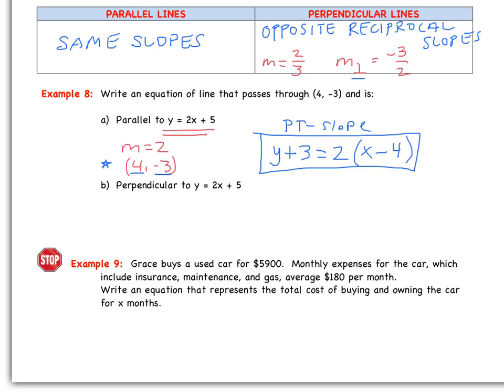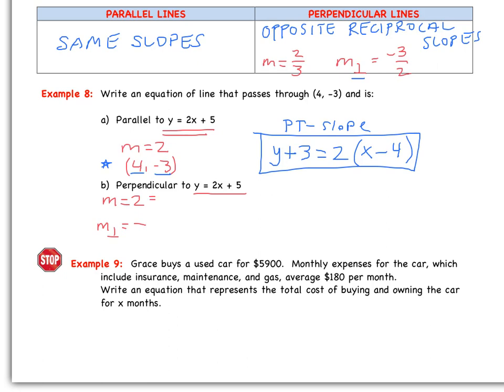Now write the equation passing through the point (4, -3) that is perpendicular to this line. It's the same line, so recognize that the line given has a slope of 2. What is the slope of our perpendicular line going to be? It's got to have the opposite sign, so it's got to be negative. And what's the reciprocal of 2?